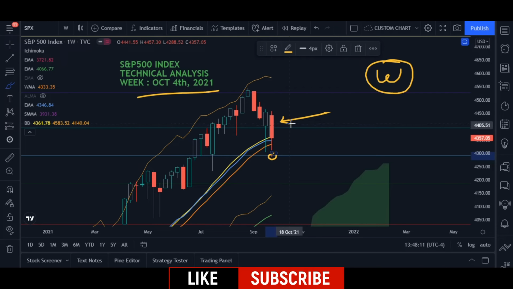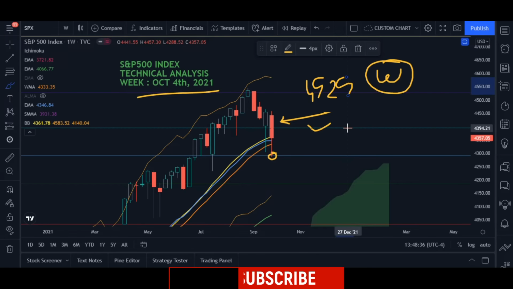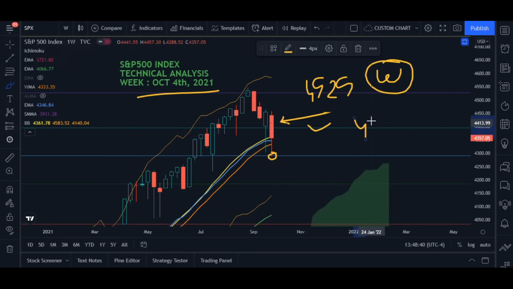Anyway, this is a bearish candle, and it closed below this support. Let me first tell you the supports and resistances. We have a critical resistance here at 4527, or you can say 4525. This is a very critical resistance. Then we have a very good support at 4395.